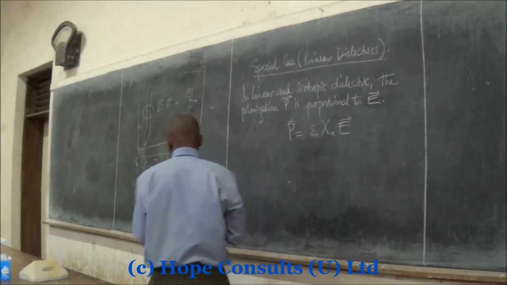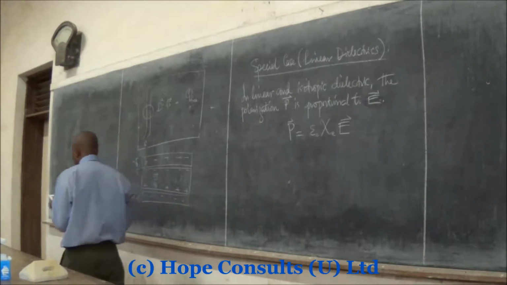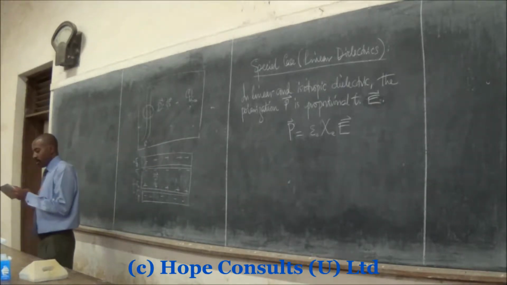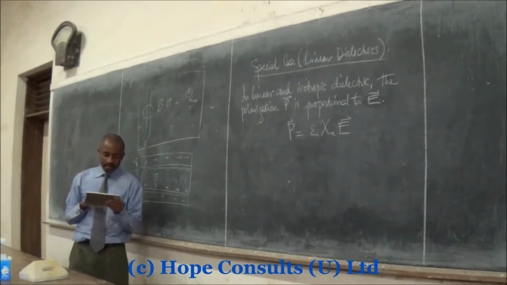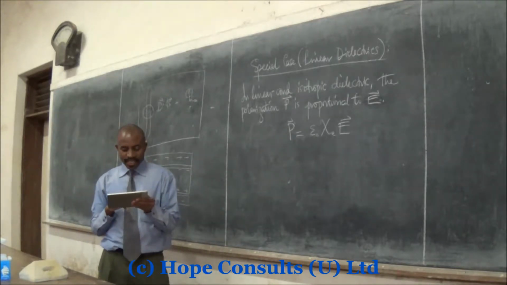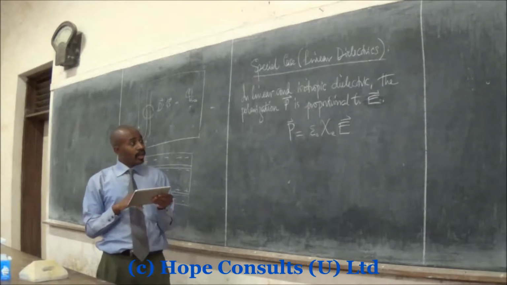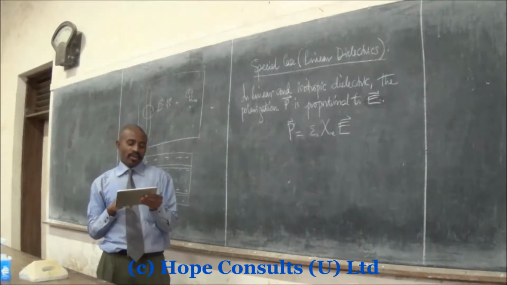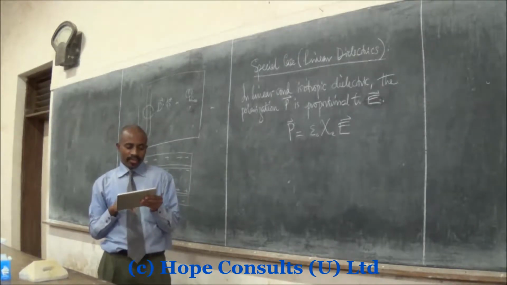then E. Of course, where chi E, if you recall from electricity and magnetism, was called the susceptibility of a given material, for example now a dielectric.